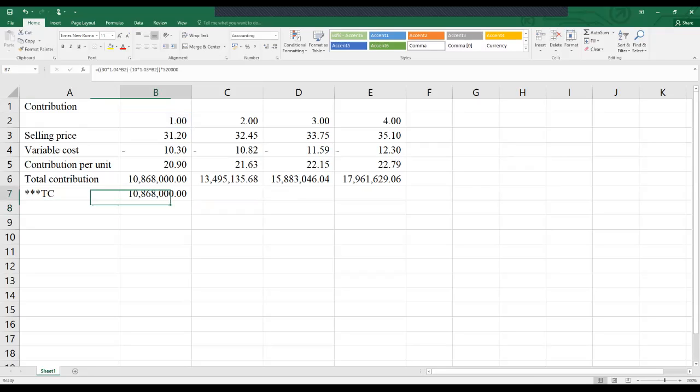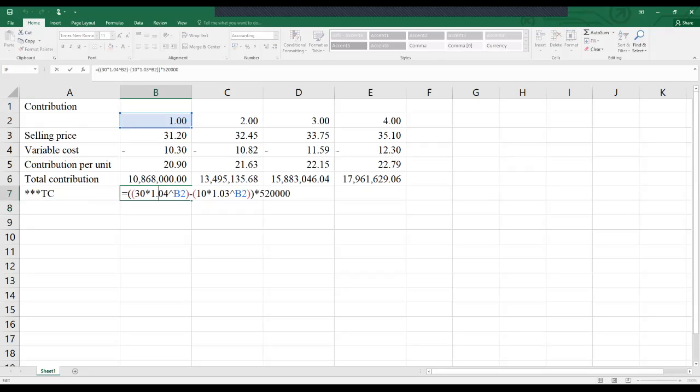So in case you're confident, as I was saying, you can do all this in one working, without the need to do selling price, variable cost, contribution per unit, and total contribution separately. But if you make a mistake here, you don't get penalized per se; however, the chance of making mistakes is a bit higher.